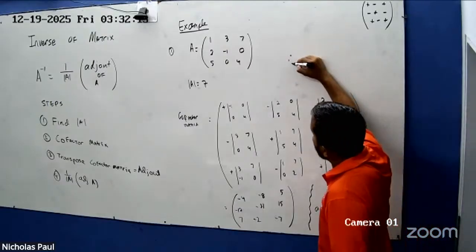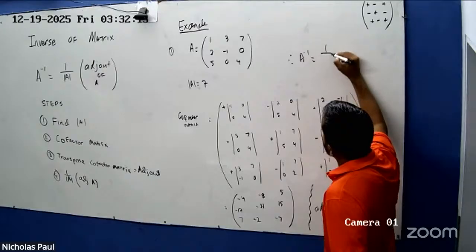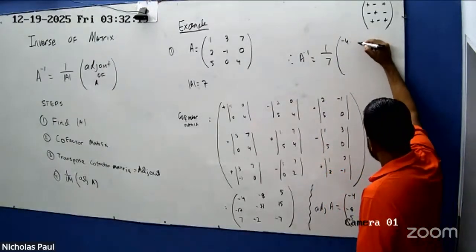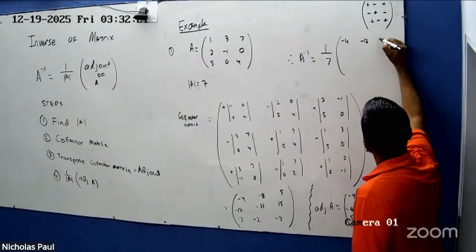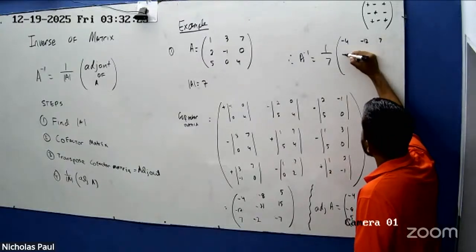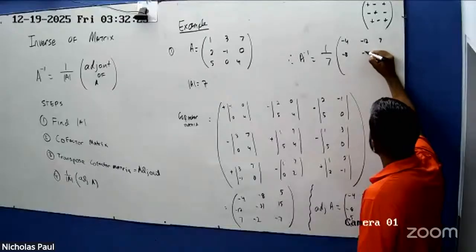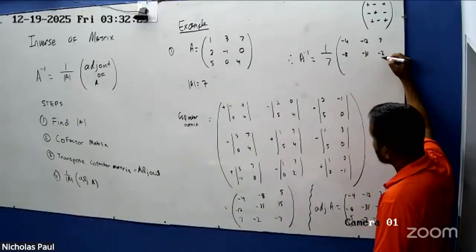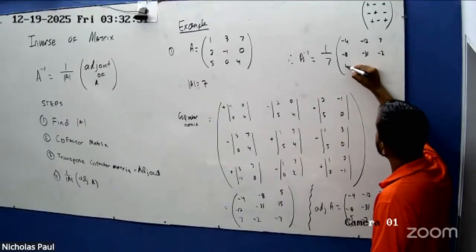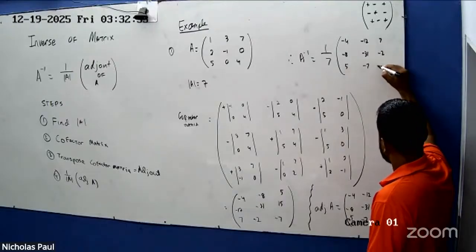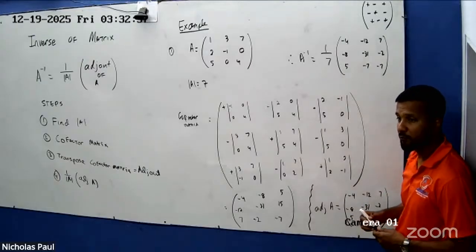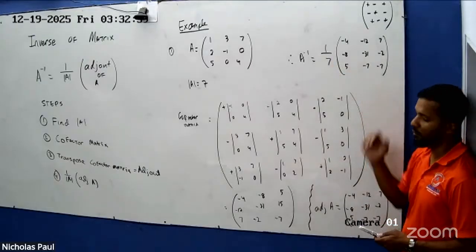So our final answer is A inverse is 1 on 7 times this. That's the way you find the inverse: 1 over the determinant times the adjoint.